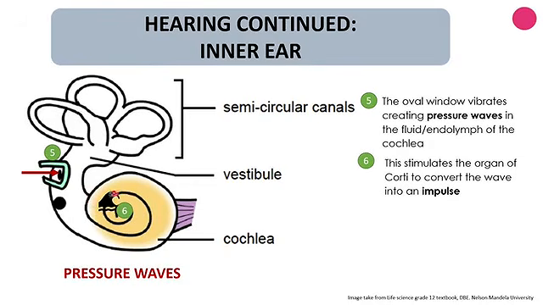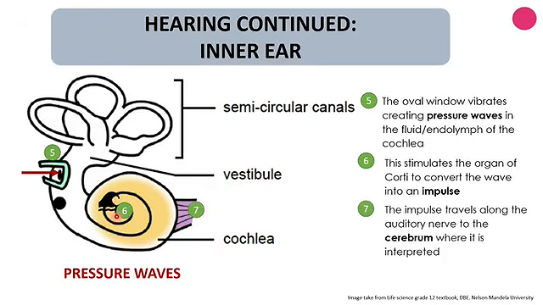So right in our cochlea, there's a specific area where all the nerve cells are, and we call it the organ of Corti, and that will convert the waves into an impulse. And the impulse travels along the auditory nerve. Once again, grade 12s, please don't say to the brain. You must identify what area of the brain, and the area is the cerebrum, where this impulse is then interpreted.